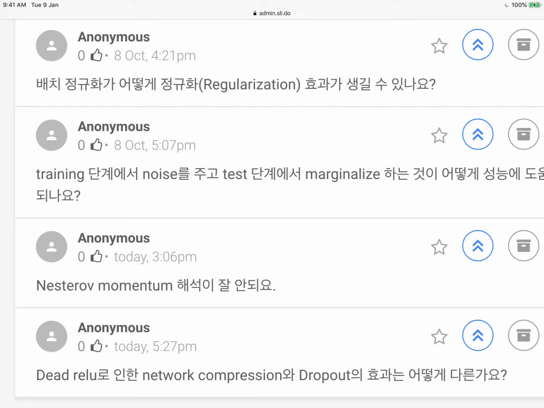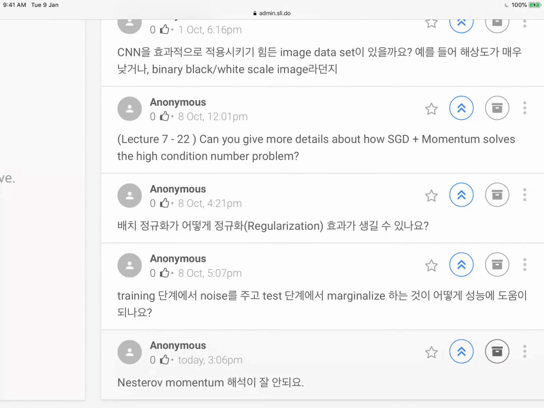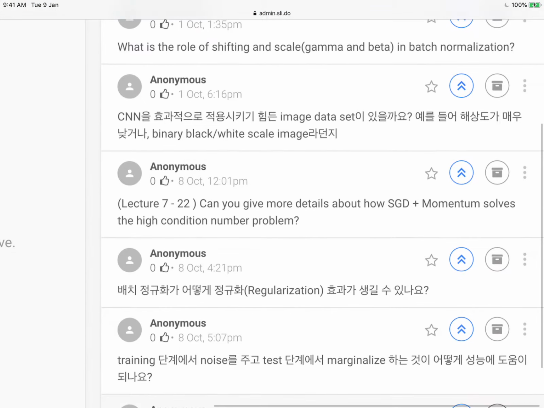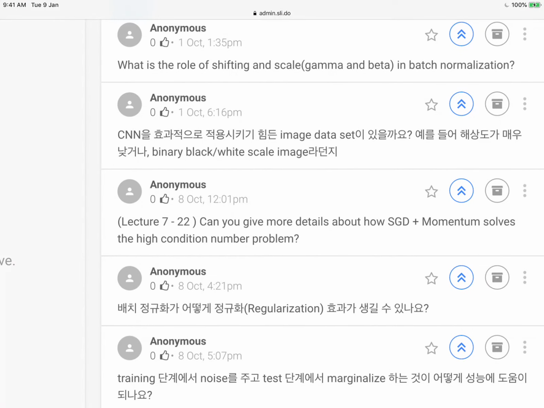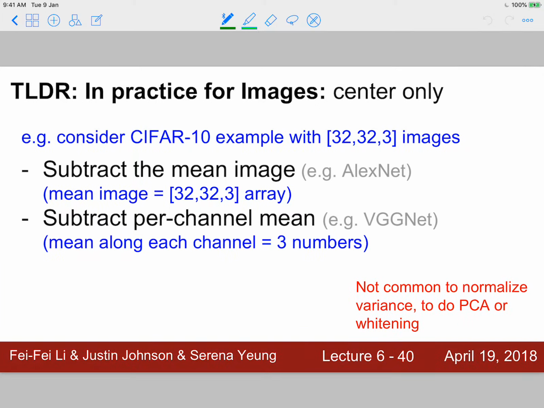So this is not actually network compression, right? Do you guys understand the difference between these two scenarios?